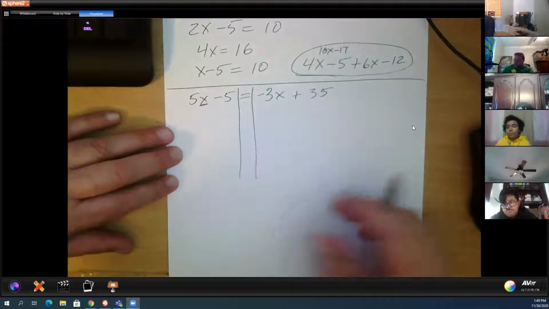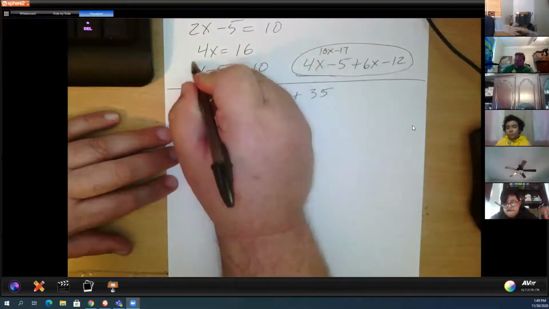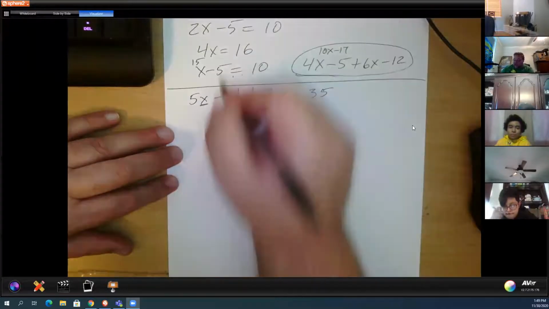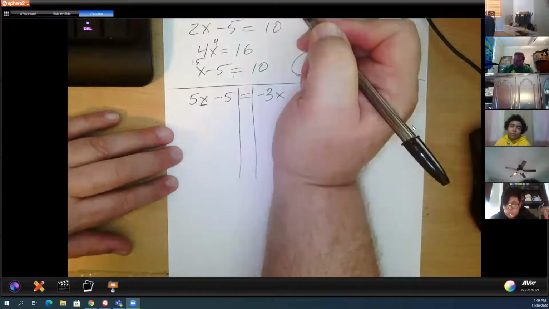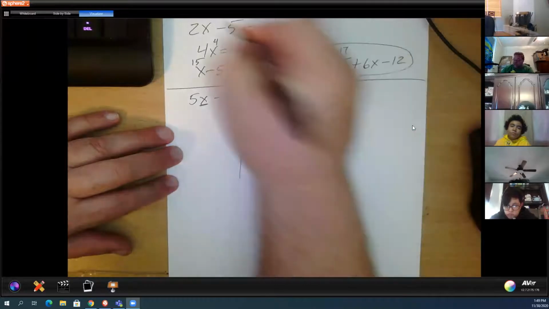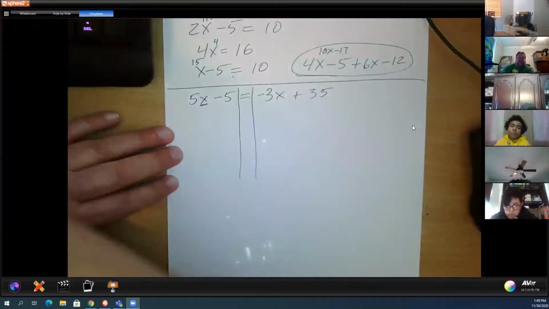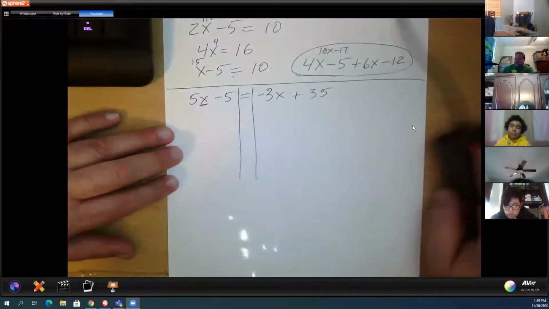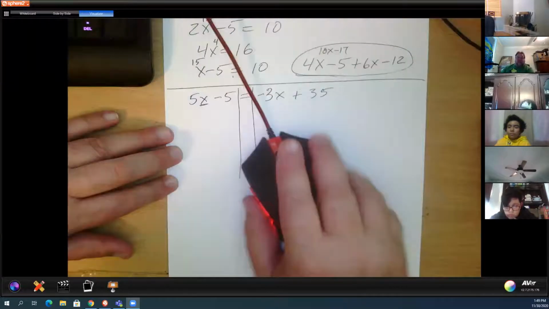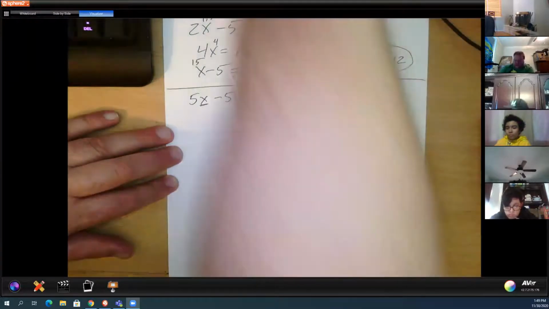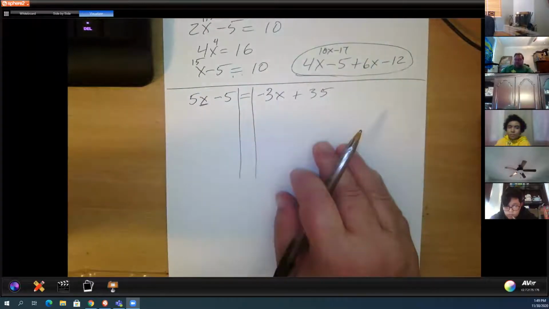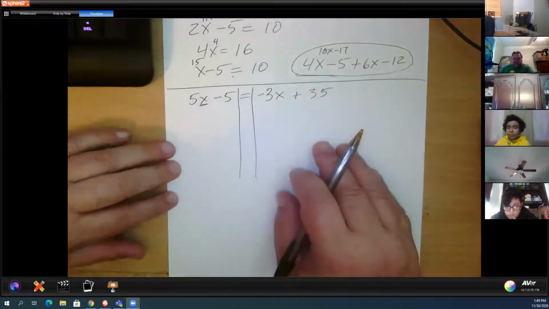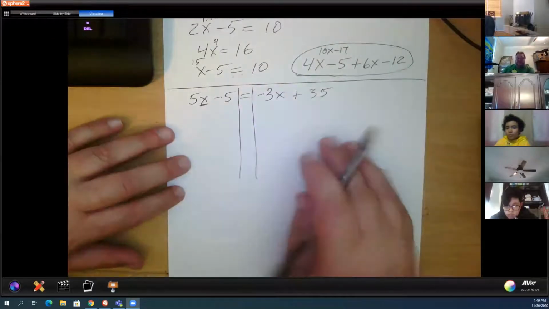But whenever we have an equal sign, we know that we can find an answer that will allow us to solve for that variable. So let's take a look at how we're going to do this.